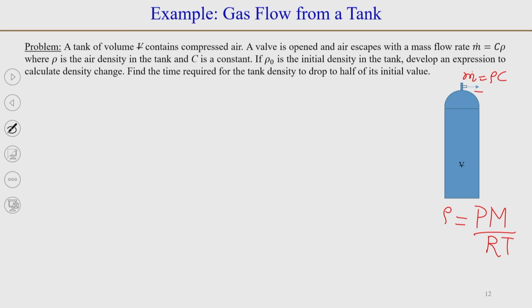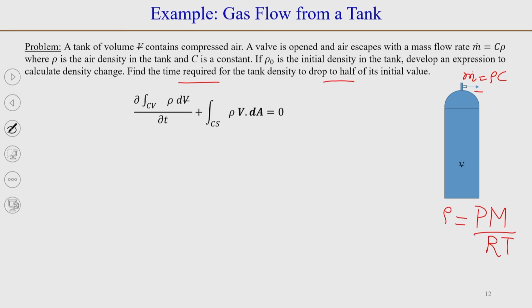So, the pressure is going to change and because of that the density will change. Okay. So, then the next part is that you need to find the time required in which the tank density will drop to half its initial value.